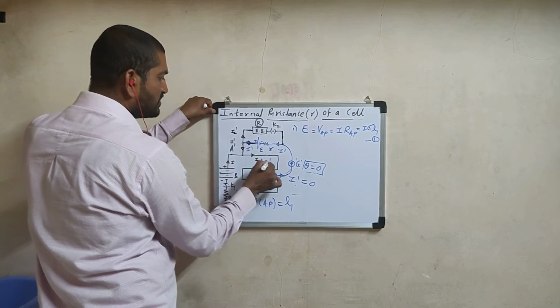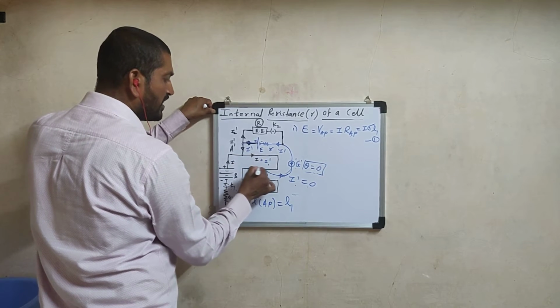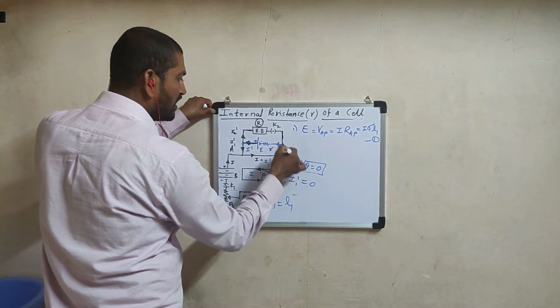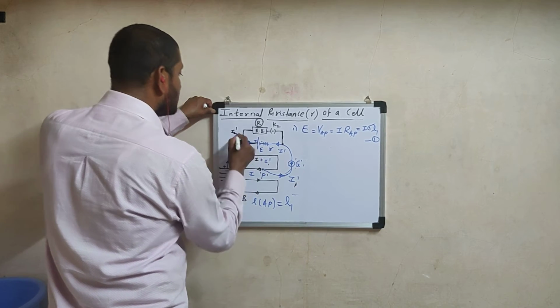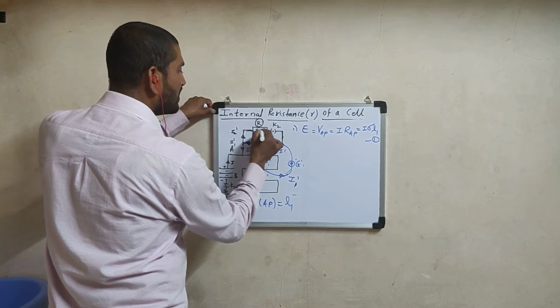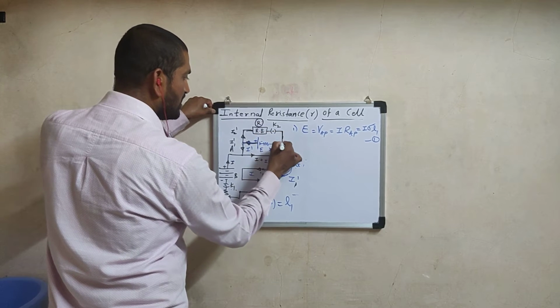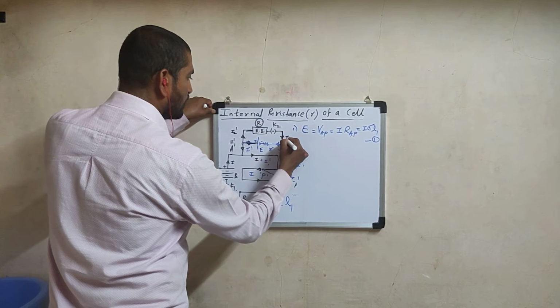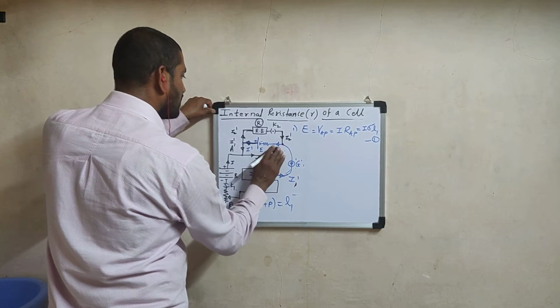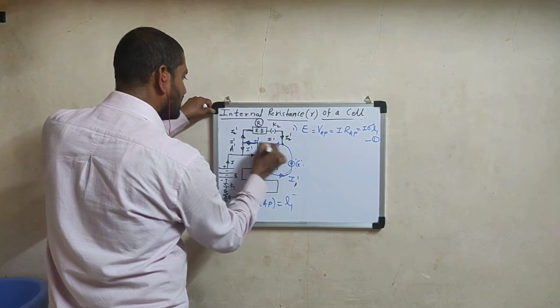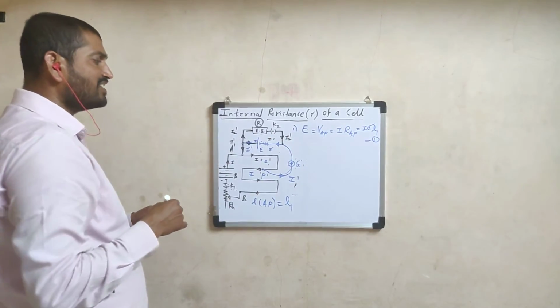I1 dash will continue to flow through this wire, then through the galvanometer, and it will show a certain deflection. This I2 dash flows through the external circuit, the known resistance, through the key, and reaches this point. Here I2 dash and I1 dash combine again, and the total current, I dash, is returned to the negative terminal. In this way, three circuits are completed.